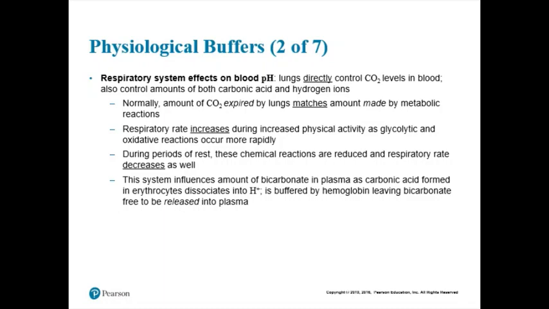And the amount of carbon dioxide you're getting out of the body needs to match what you're making. Remember, we're always following that principle of mass balance. What comes in has to be balanced by what comes out. And you're making carbon dioxide in chemical reactions in your body. So you're breathing it out to match the amount you're making with all these metabolic reactions happening.